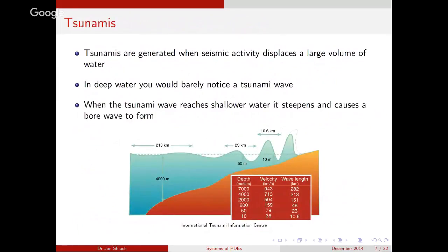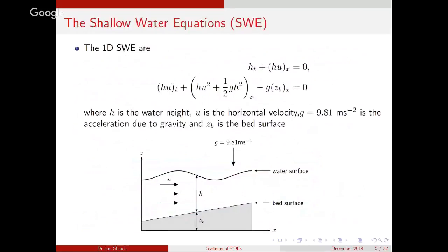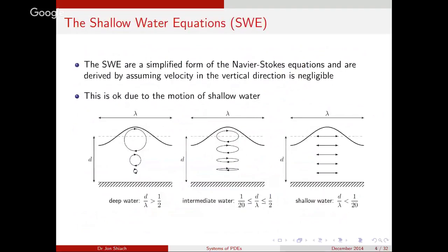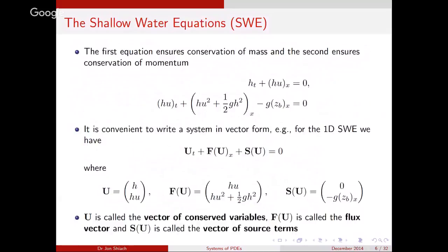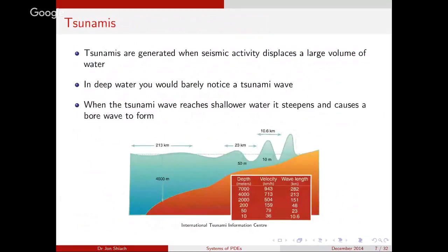I did mention a couple of slides ago that when the depth to wavelength ratio is less than 1/20th, that's when we could use the shallow water equations. So you may be thinking, hang on, doesn't that restrict where I can actually use this? Well, one of the most common uses for shallow water equations is modeling tsunamis. You know what a tsunami is?